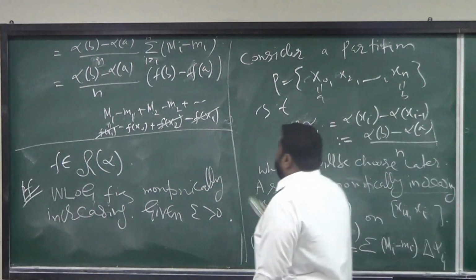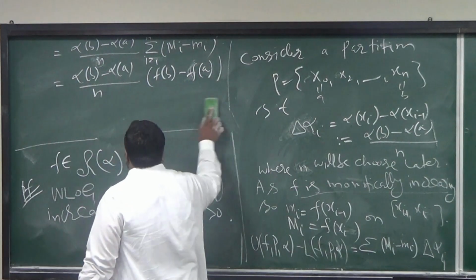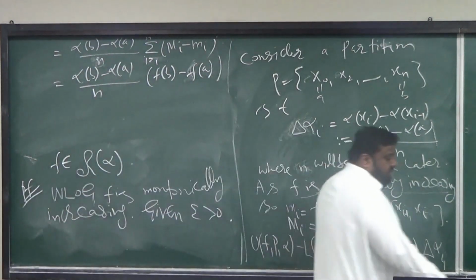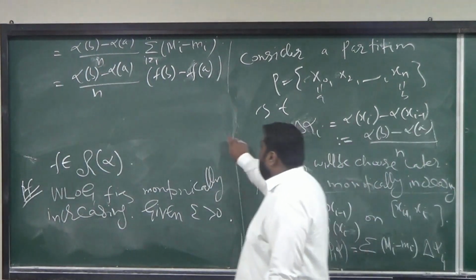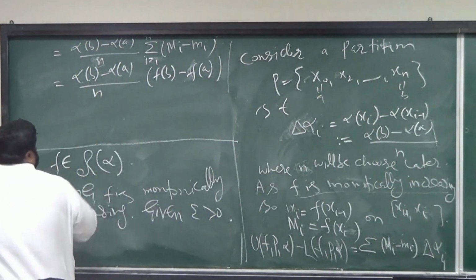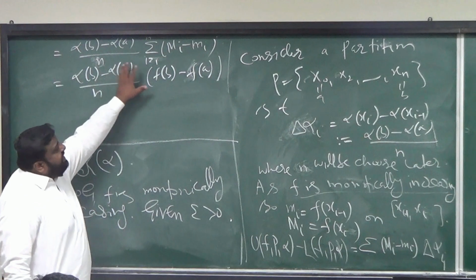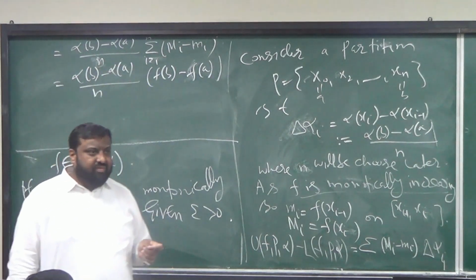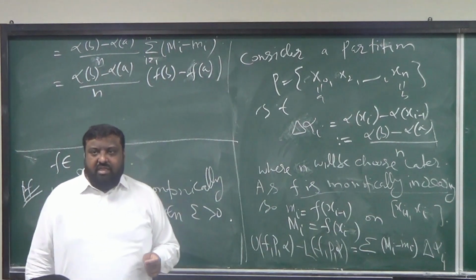So now comes the role of this capital M. I want to make this smaller than epsilon. That's what my task is.